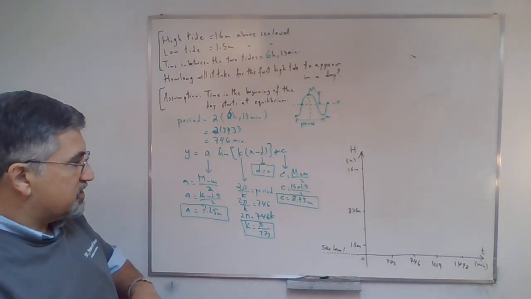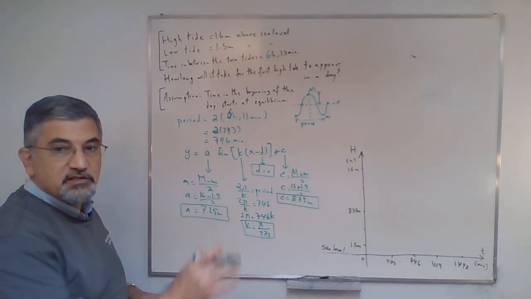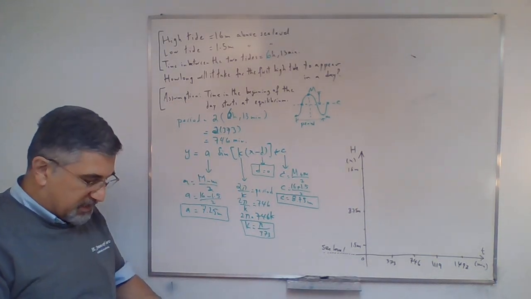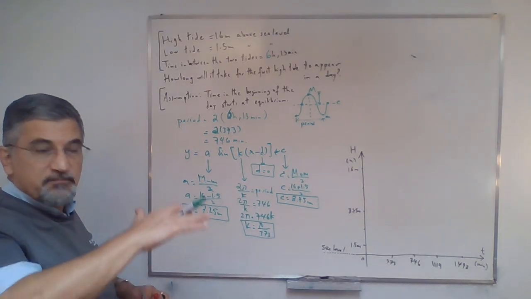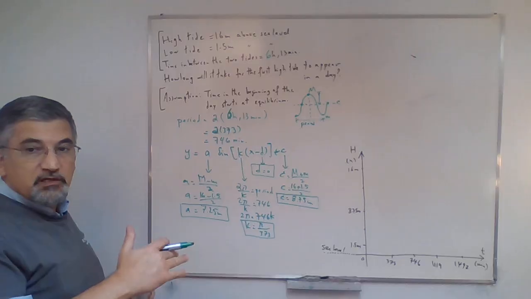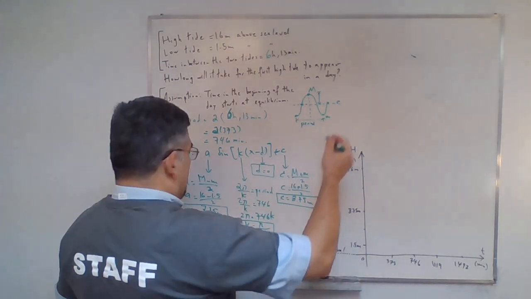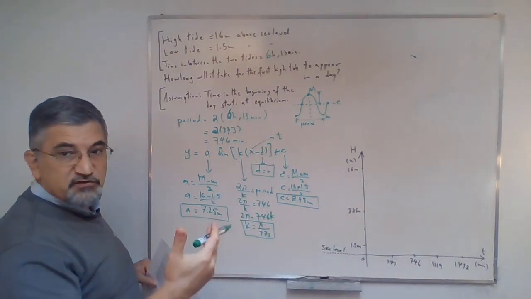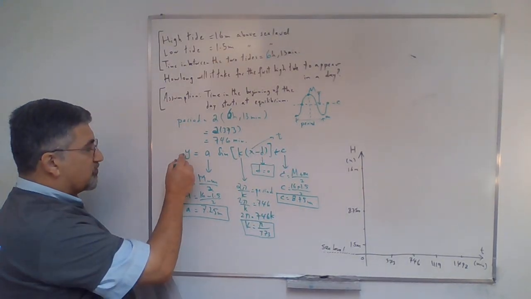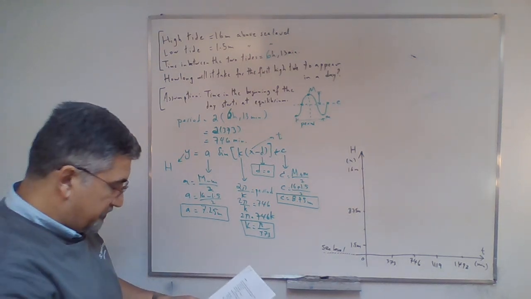So A, K, D, C values are clearly found, and now we can plug them back in the equation, and we can claim that we came up with a sinusoidal function representing the height of the water in this high tide, low tide situation. You don't mind if instead of letter X, I use letter T standing for time in minutes, and instead of letter Y, I use letter H in meters standing for the height.